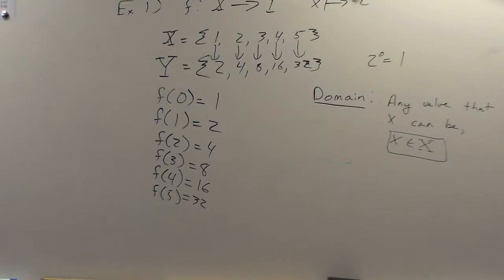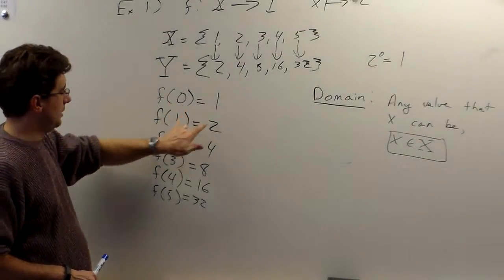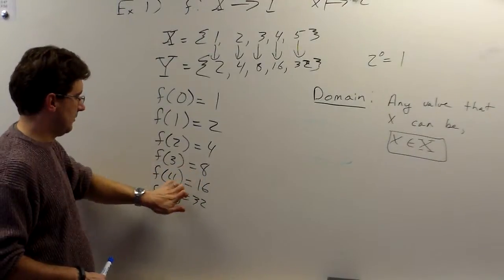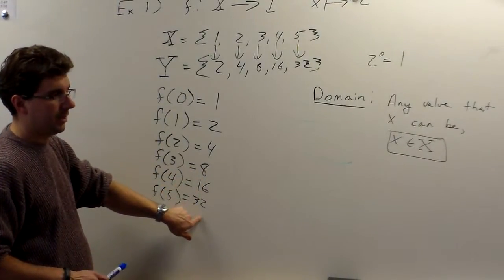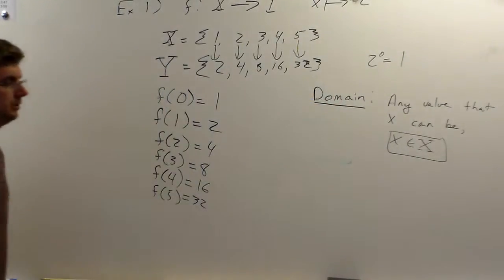Here's our table. f of 0 equals 1, f of 1 equals 2, f of 2 equals 4, f of 3 equals 8, f of 4 equals 16, f of 5 equals 20. It's not horizontal, it's just vertical.